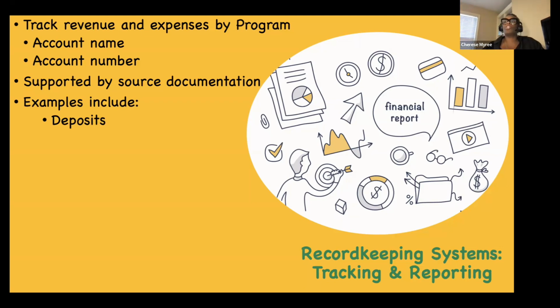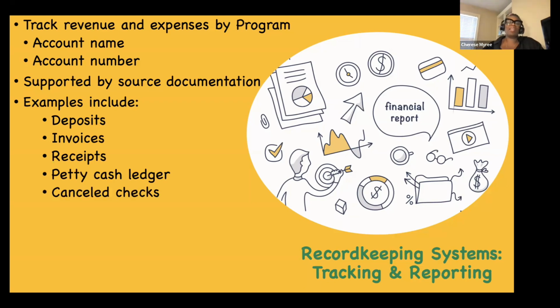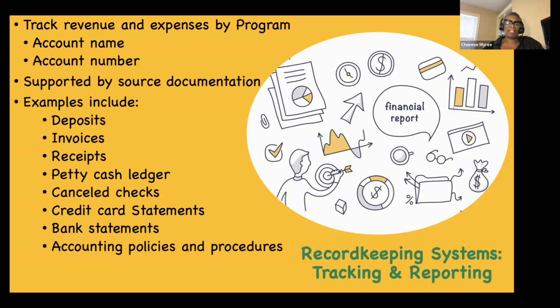What do you have to support the income or revenue transactions or deposits from pre-K? Invoices and receipts, any petty cash ledgers, canceled checks, images of canceled checks to support certain transactions, credit card statements if you use credit cards in your organization, and bank statements to support that financial activity.